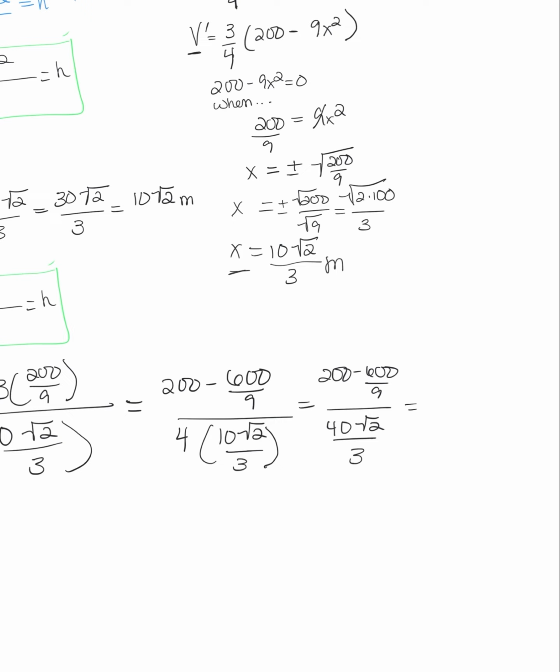Put that in my calculator, and the top gives me 133.333, right? It goes on and on. And then the bottom is 40 times root 2 divided by 3.